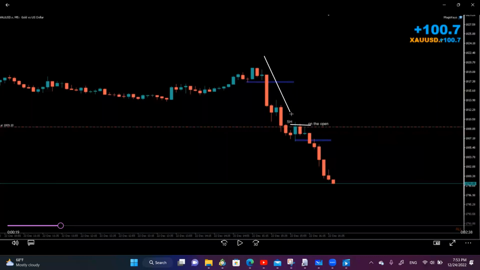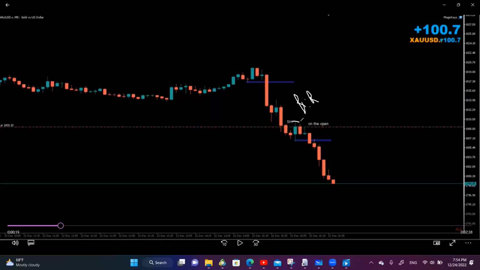Because we have a break of structure, and then we created this high, strong high, broke it, created a weak low, and then after that was created, I entered here, expecting even if the next candle broke the high of the previous, my risk to reward will be much, much smaller.